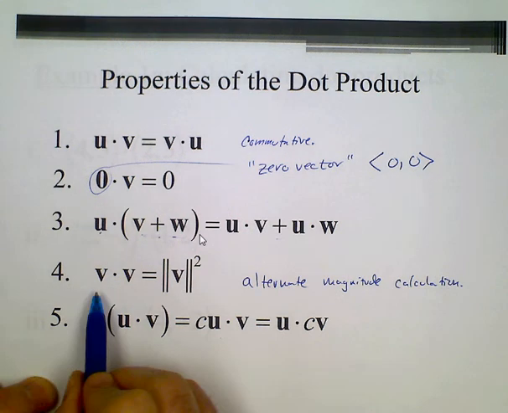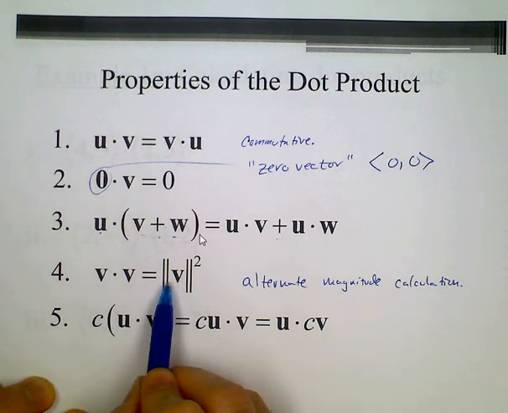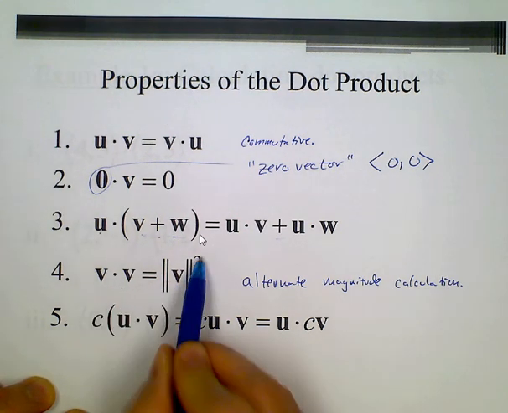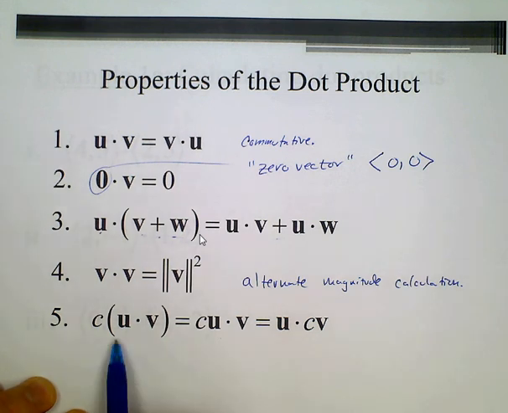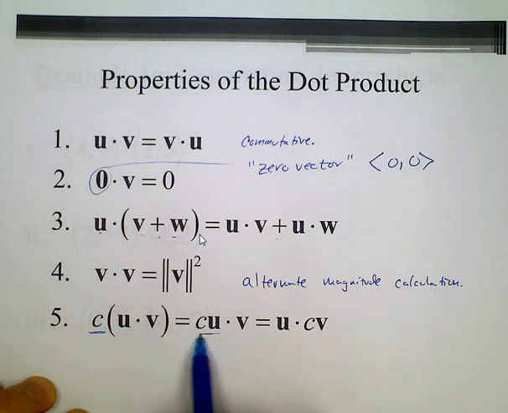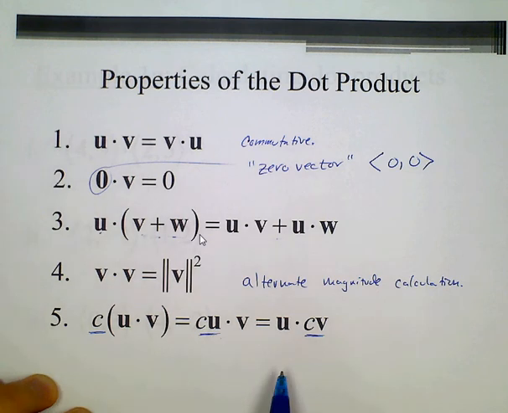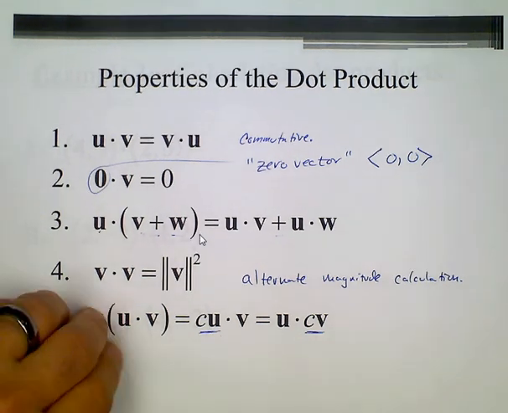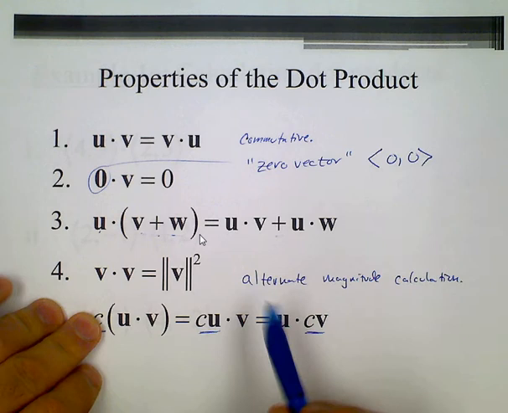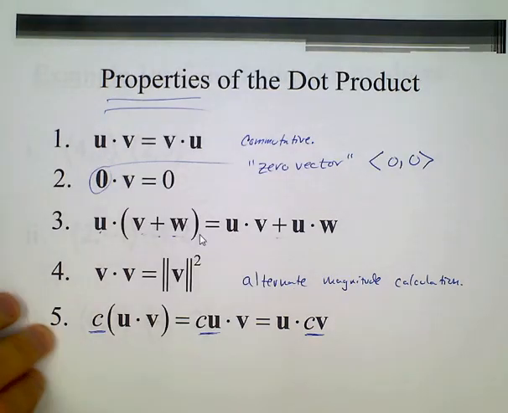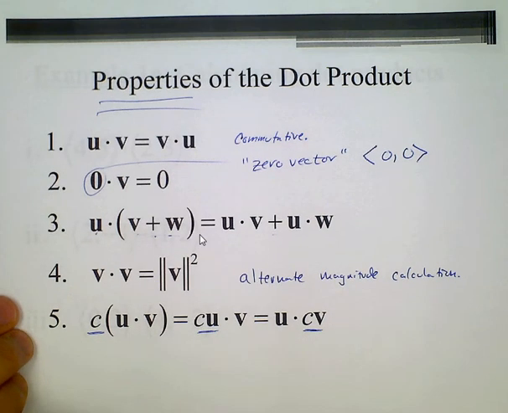In other words, the dot product of a vector with itself gives you the magnitude of the vector squared. And if you have a scalar multiple of a dot product, you can scale one vector or the other, and then take the dot product. Those will come up from time to time. It's definitely handy to know the properties of dot products when you're going to calculate them.